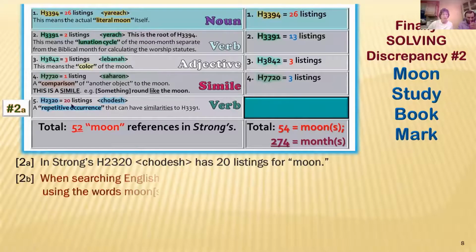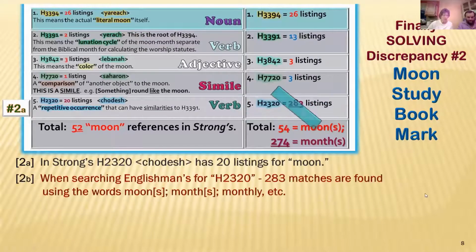Okay? When I searched in the Englishman's for 2320, in my program, it came up with 283 listings. Now, that was for the word moon, moons, month, months, monthly, and there's one other word, and I actually found out what it was, Tim. It's the word another.